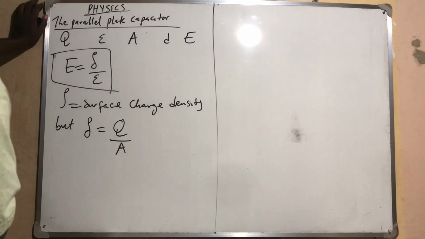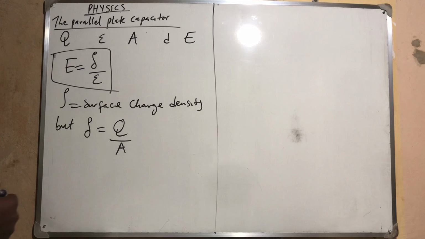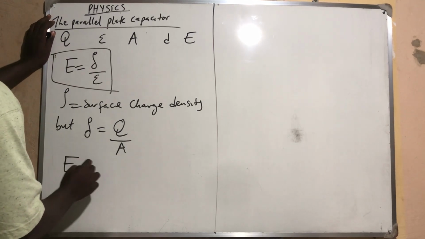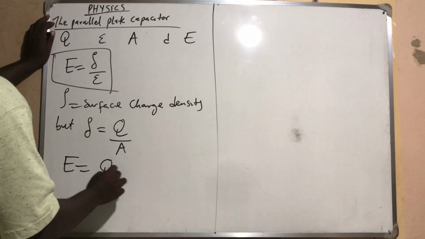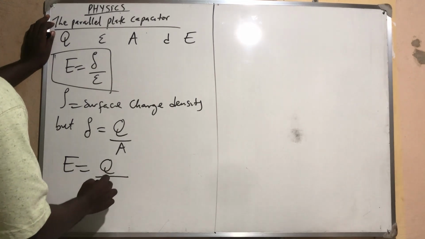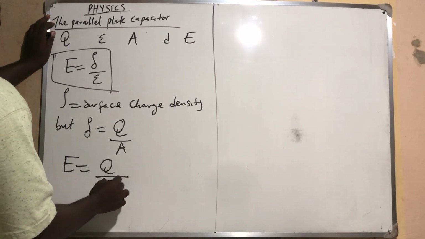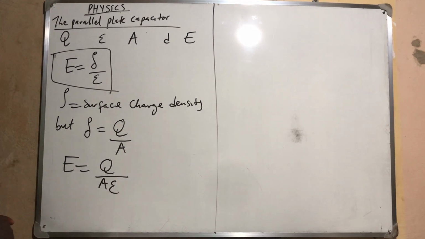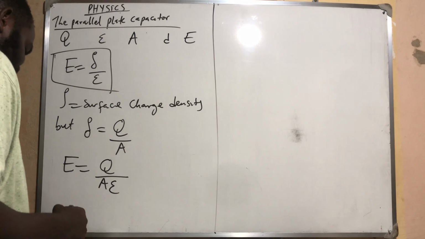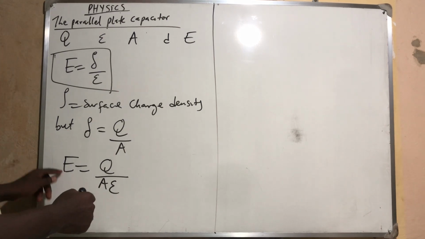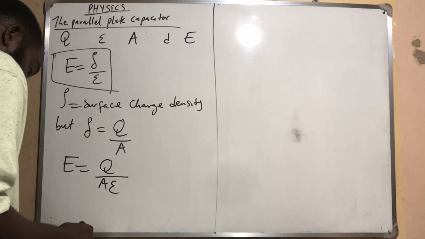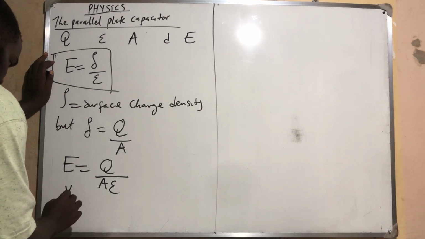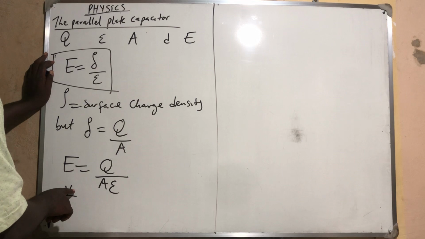If you now put it in the formula, your E is equal to Q over AE. Don't forget that this E is still volt per distance, volt per meter.